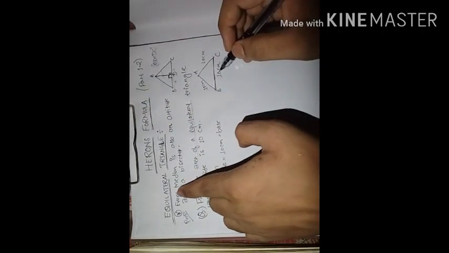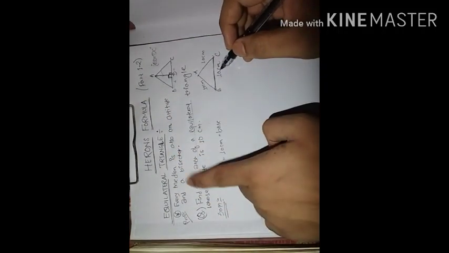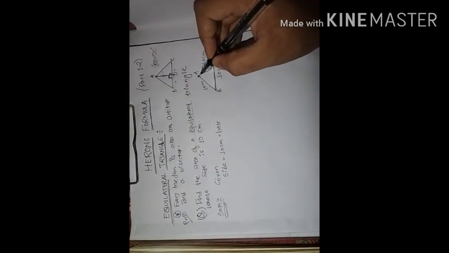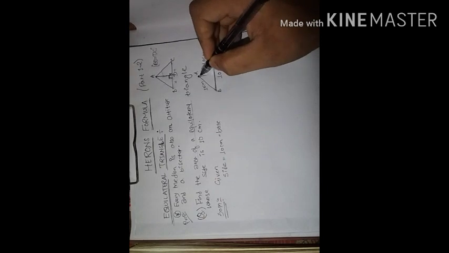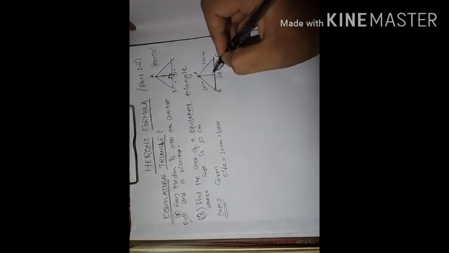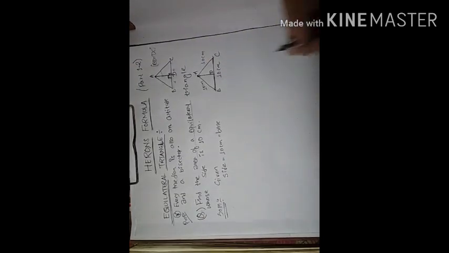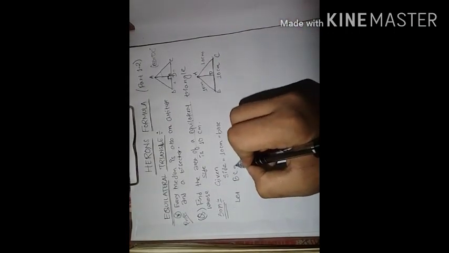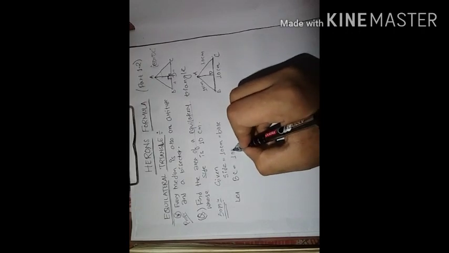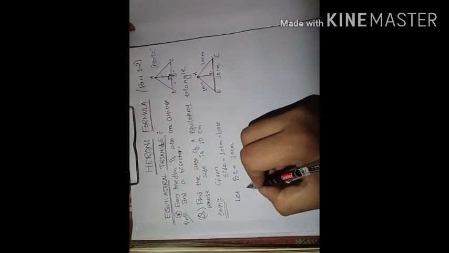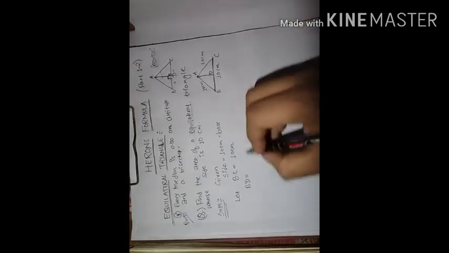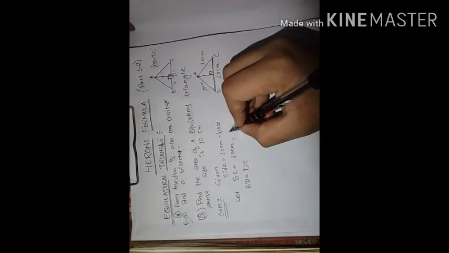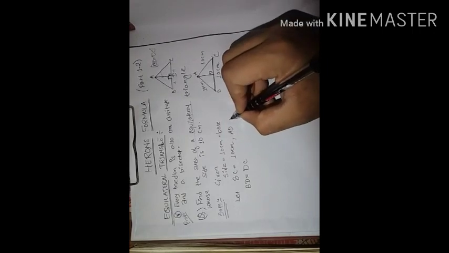Now see here, every median is also an altitude and a bisector. Now we will draw a median from vertex A to D. Let us take this as D. Let BC be equal to 10 centimeter and AD a median to BC. So BD will be equal to DC.